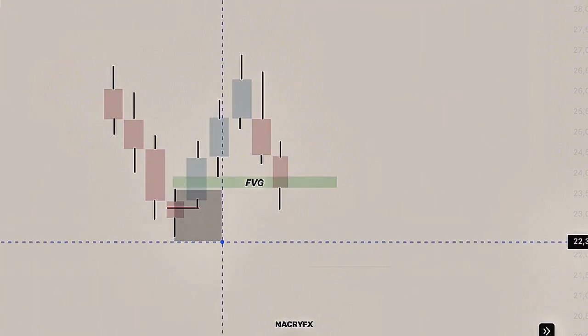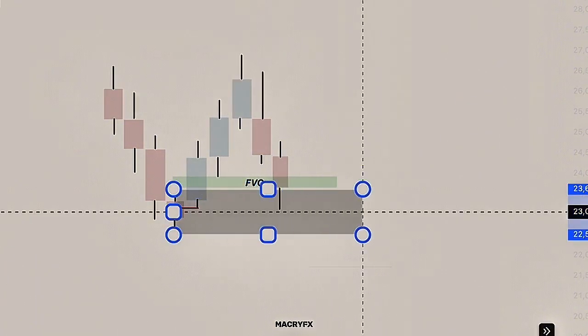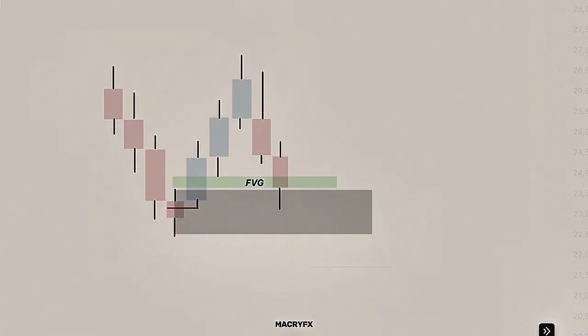The candle which has taken the liquidity of the fair value gap candle will be considered a valid order block. I know you guys have been taught that if there is a bullish order block, we must take a bullish candle as the order block, isn't it? But this is the secret sauce here. Colors don't matter while marking a valid order block.